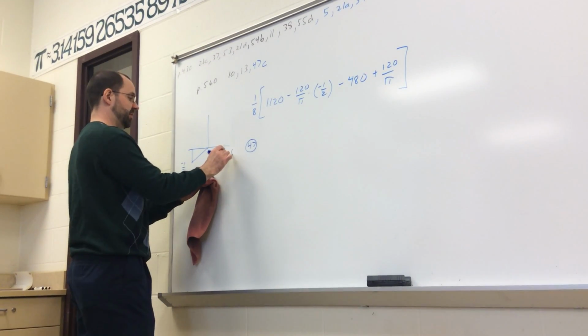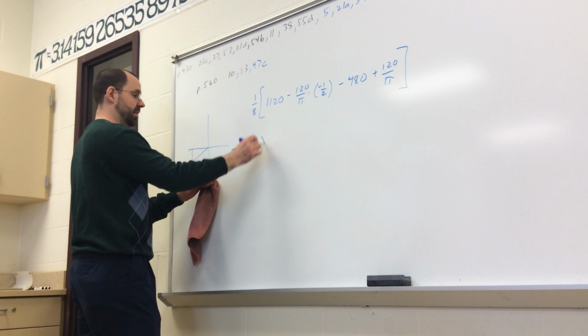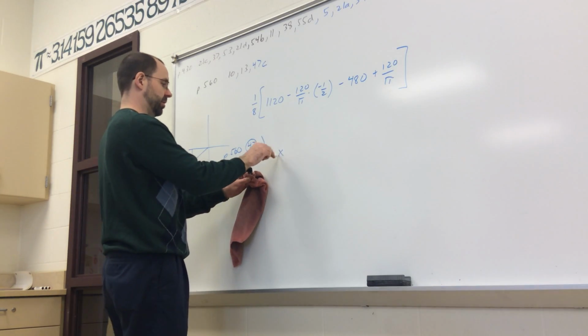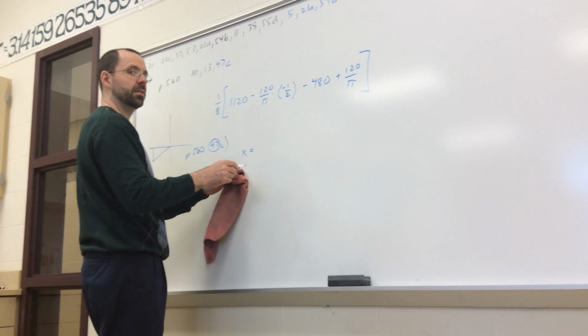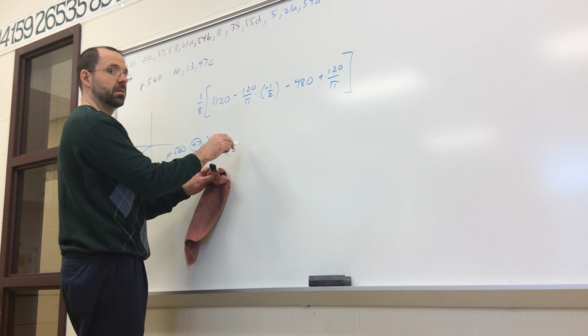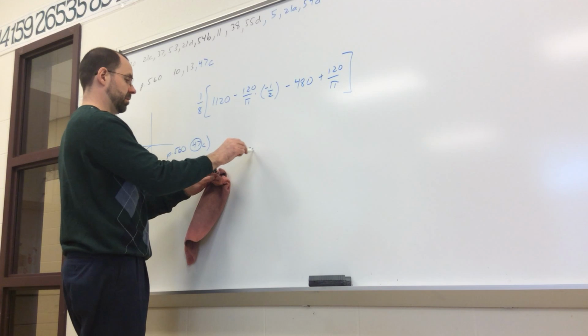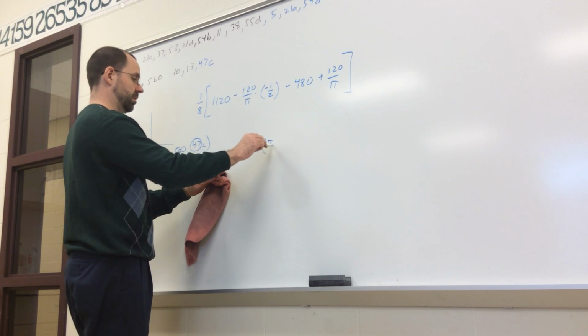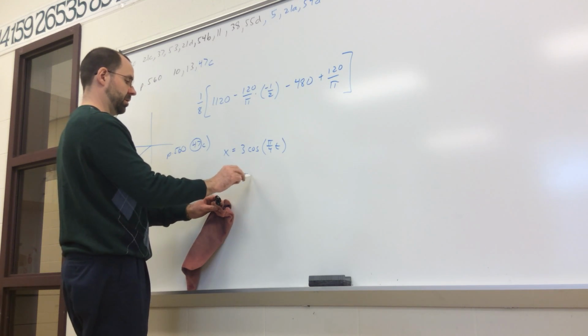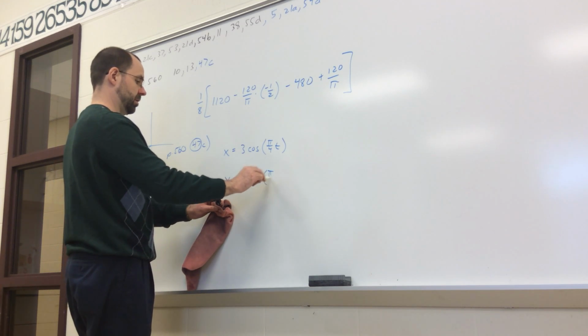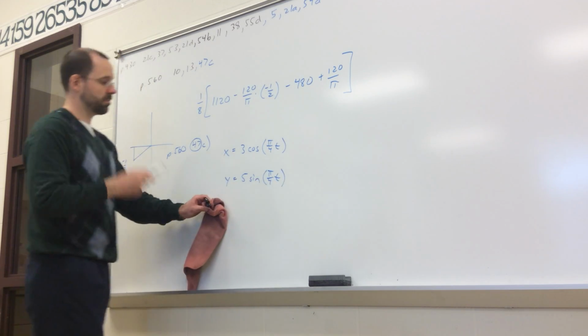So this is page 560, 47C. And if you would, read me off the X. What's X equal? 3 cosine of pi over 4t. And Y is 5 sine of pi over 4t. Okay.